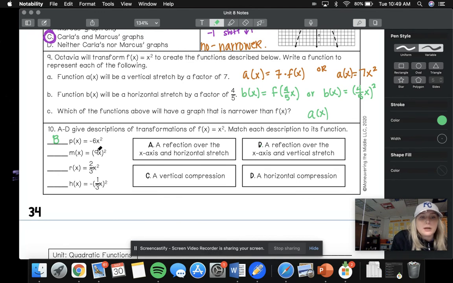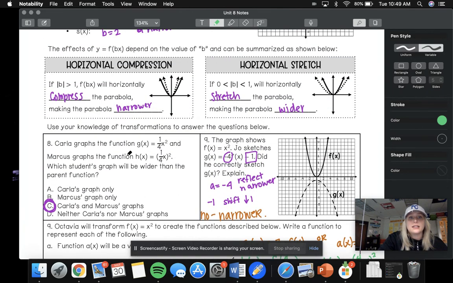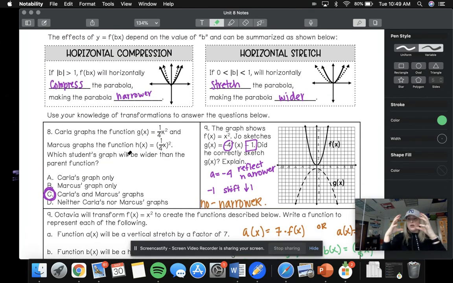This one we have parentheses, so I'm thinking horizontal. And if I think of 9x squared, that is going to be a horizontal compression, and it is going to make it narrower.